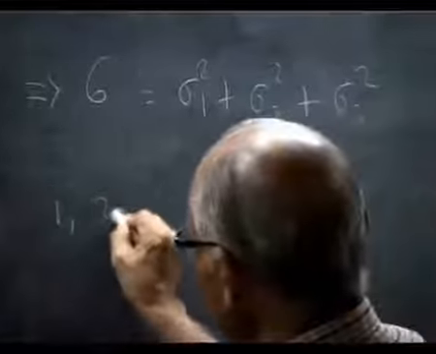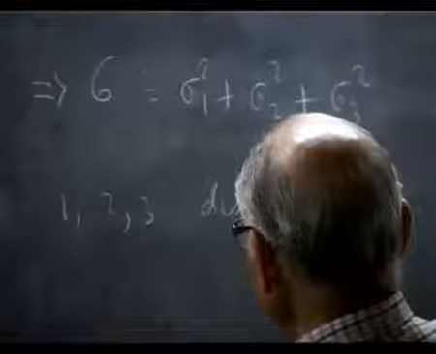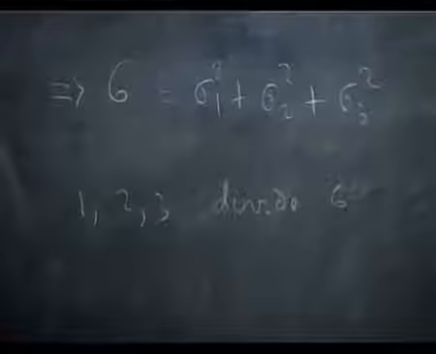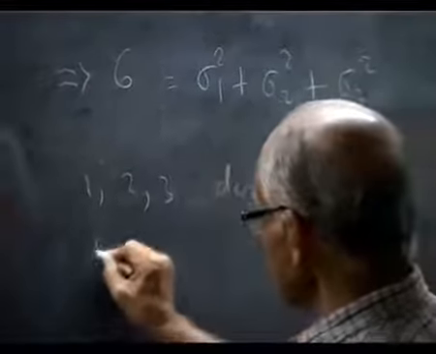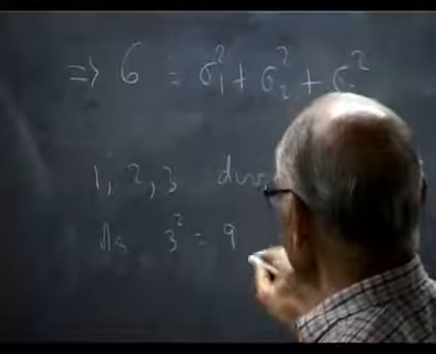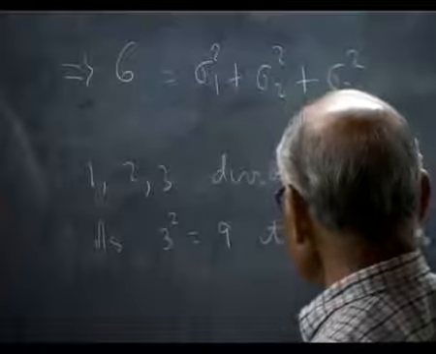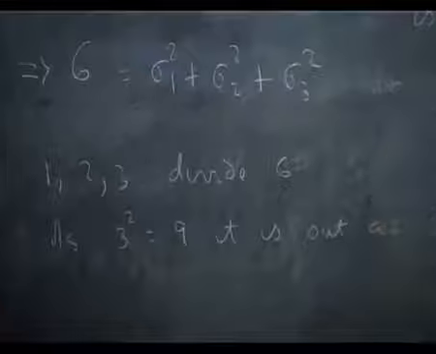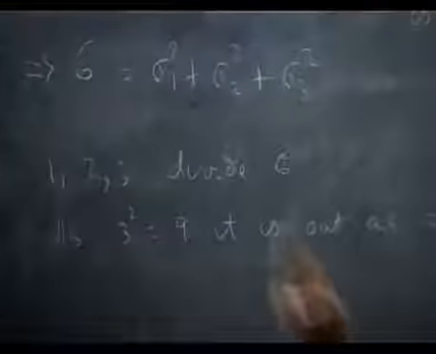Each sigma divides 6, but 3 is no good, as 3 squared is 9. It is out as a sigma. So I have only 1 and 2.